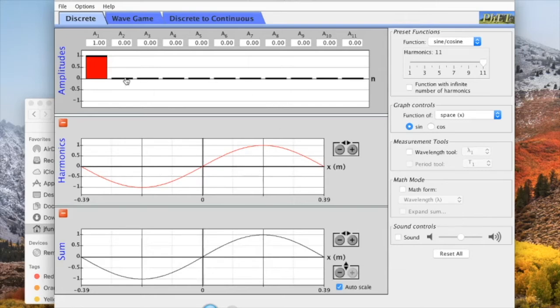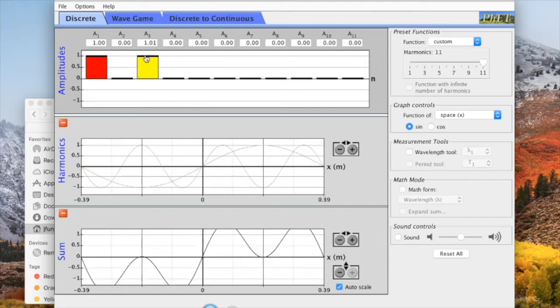Now if I turn on this A2, I get something in orange that has half the wavelength, or in other words, double the spatial frequency, double the wave number k, of the first wave.